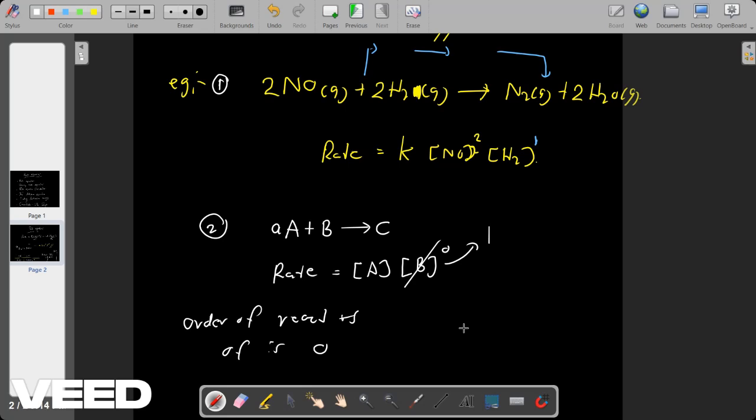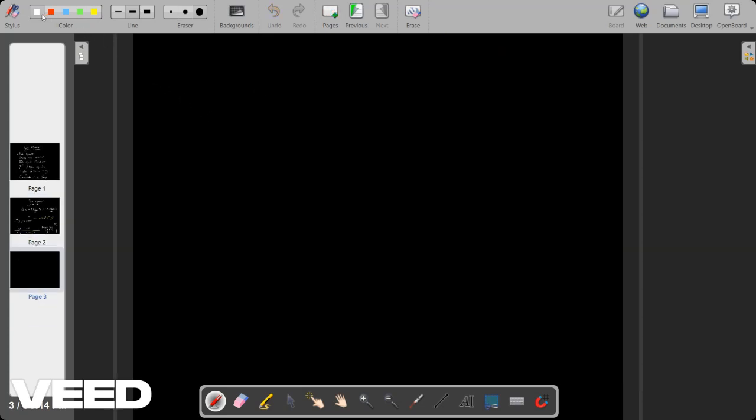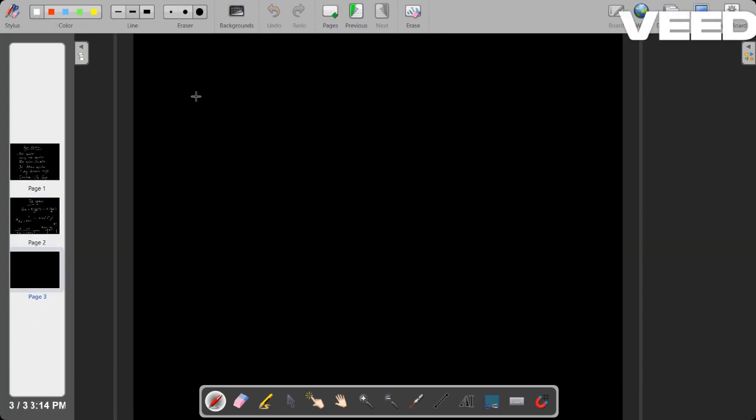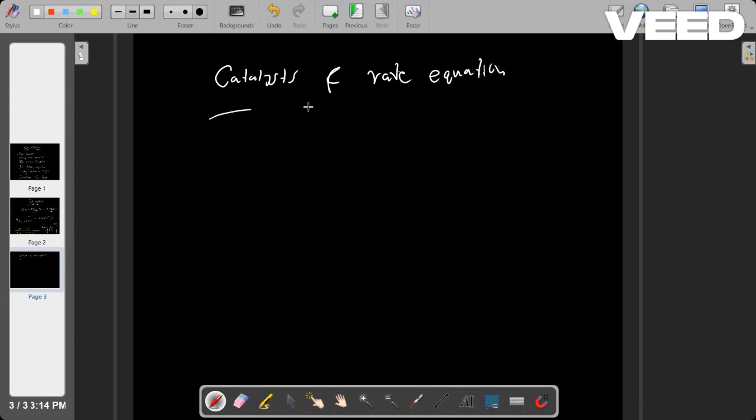Now there's another important thing. Put the subheading as catalysts and rate equations. These are some things that you guys are getting wrong, right?